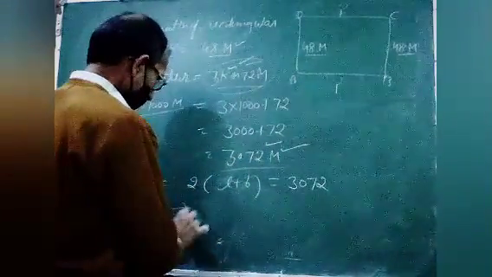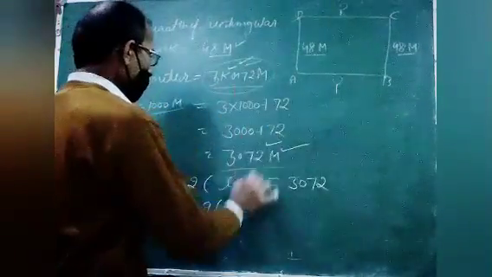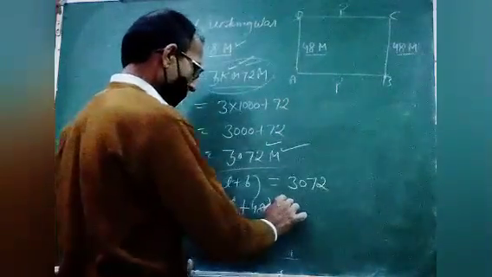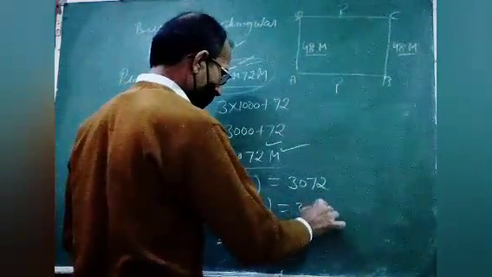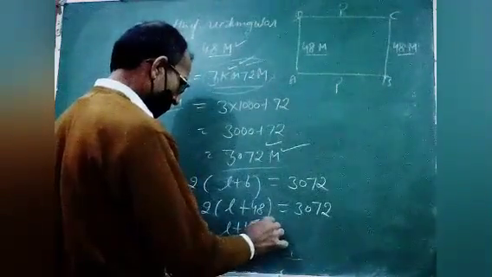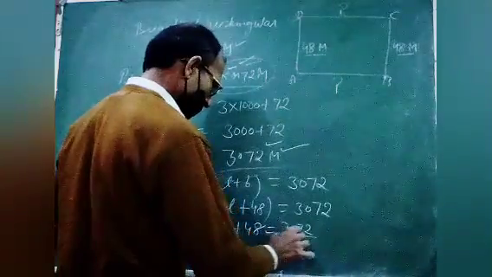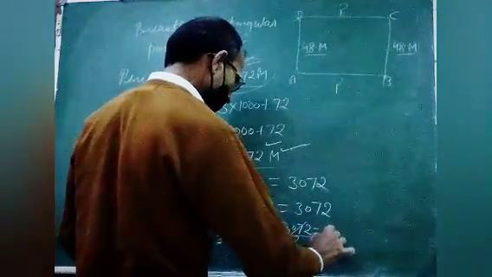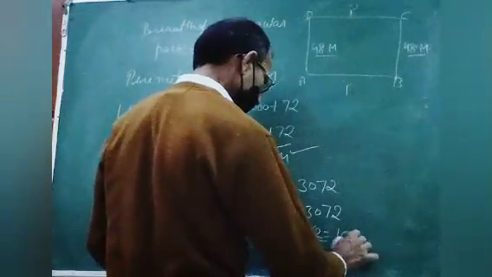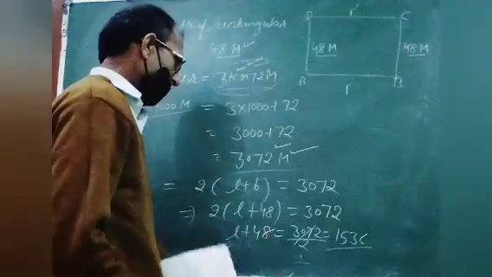Now the length is required. We have to find it. Breadth is 48. So I have written here, length was not there. Now 3072 is equal to 2 bracket L plus 48. Now 3072 divided by 2. So 2 1s are 2, 2 5s are 10, 2 3s are 6, 2 6s are 12. So 1536.